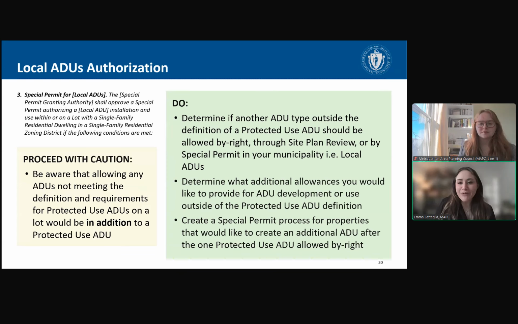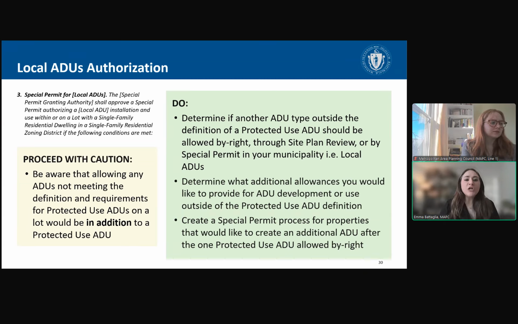Okay, so that completes the protected use ADU section. This section on the special permit for local ADUs is totally optional, but is a way that you might choose to address a locally defined ADU in your bylaw.